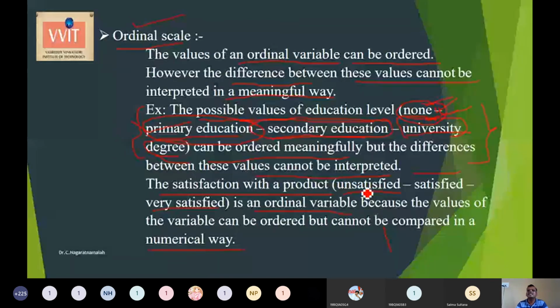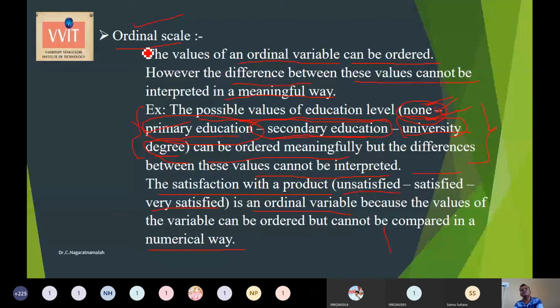All these, unsatisfied, satisfied, very satisfied, cannot be compared numerically, but each has its own meaningful property, though differences cannot be given numerically. That is why the ordinal scale is very important.